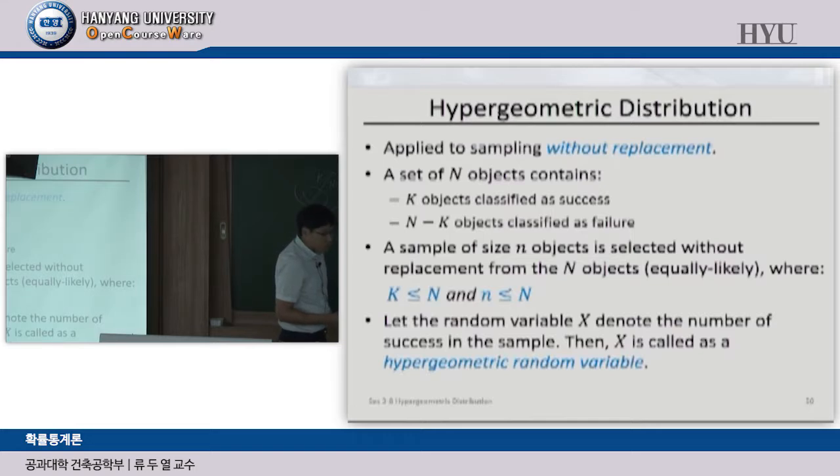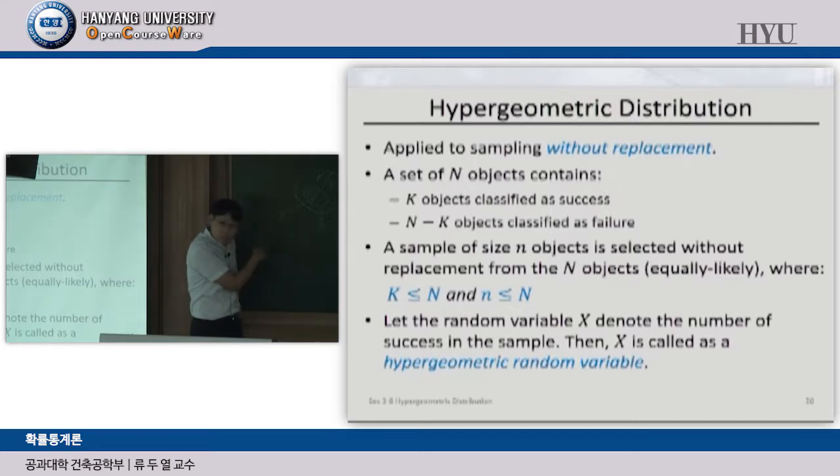So let the random variable X denote the number of successes in the sample of size n, okay? Then X is called a hypergeometric random variable. In this case, this part is large X, right?